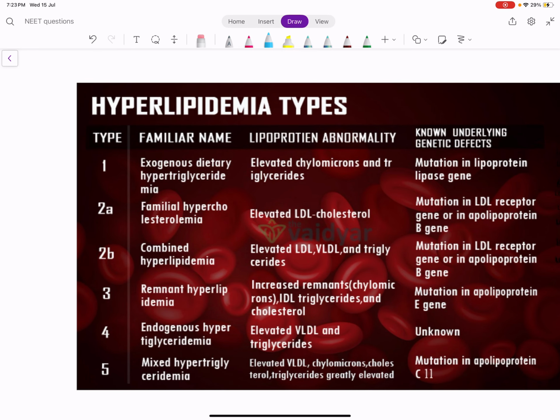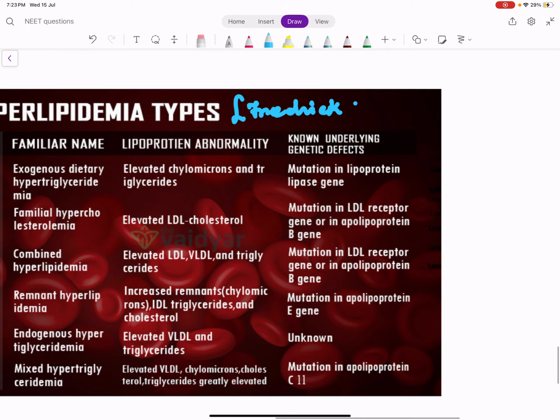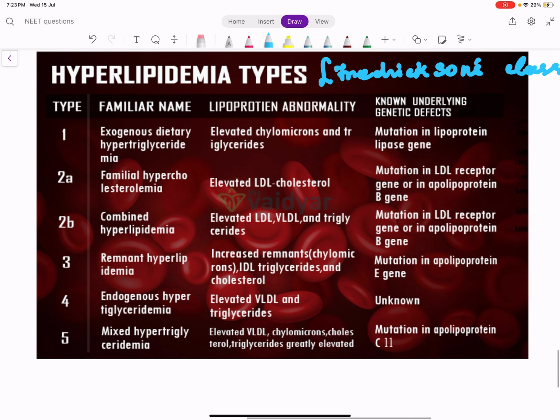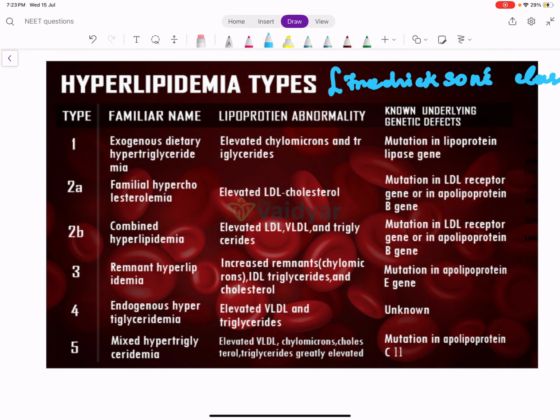So this classification is called Fredrickson's classification. So we have 1, 2, 3, 4, 5. 2 is of two types, 2A and 2B. So we'll go one by one.